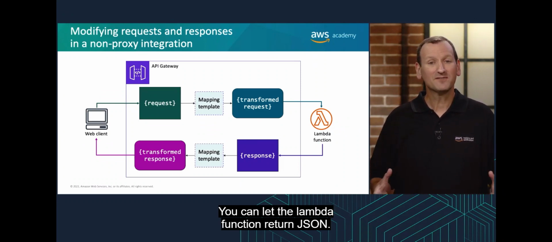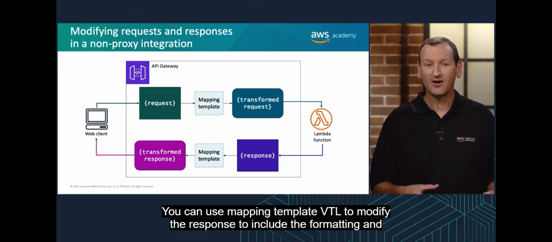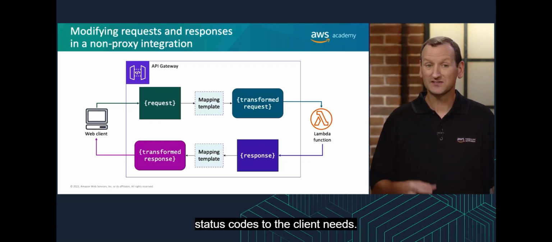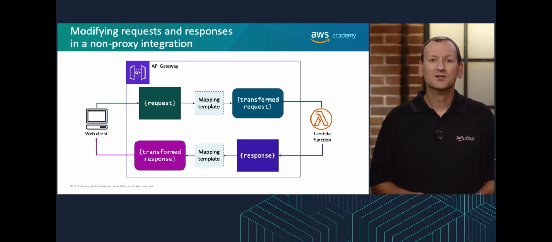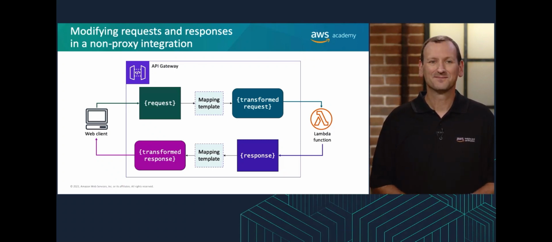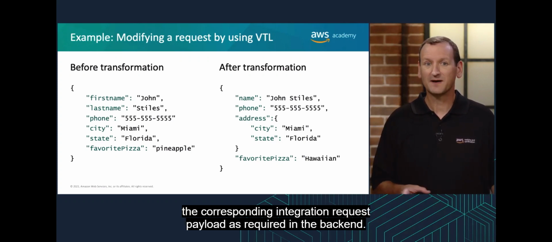You can let the Lambda function return JSON. You can use mapping template VTL to modify the response to include the formatting and status codes that the client needs. You can also use mapping templates to handle custom errors. An API's method request can take a payload in a different format from the corresponding integration request payload, as required in the backend.